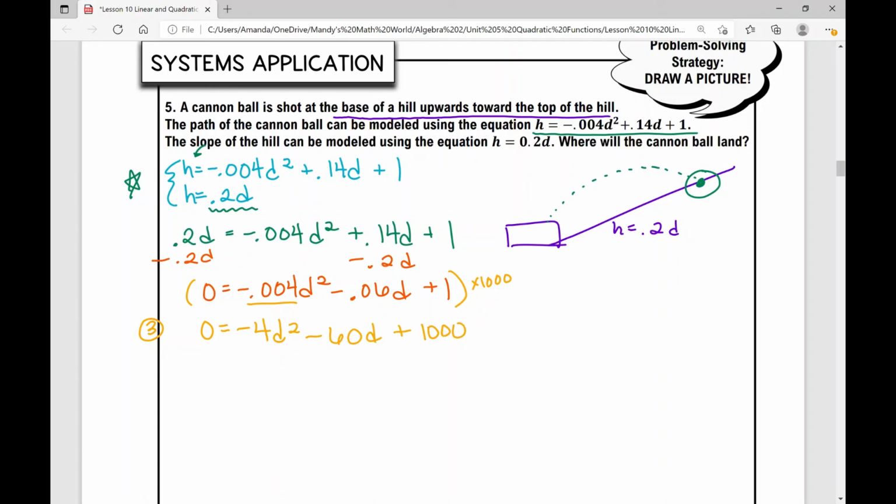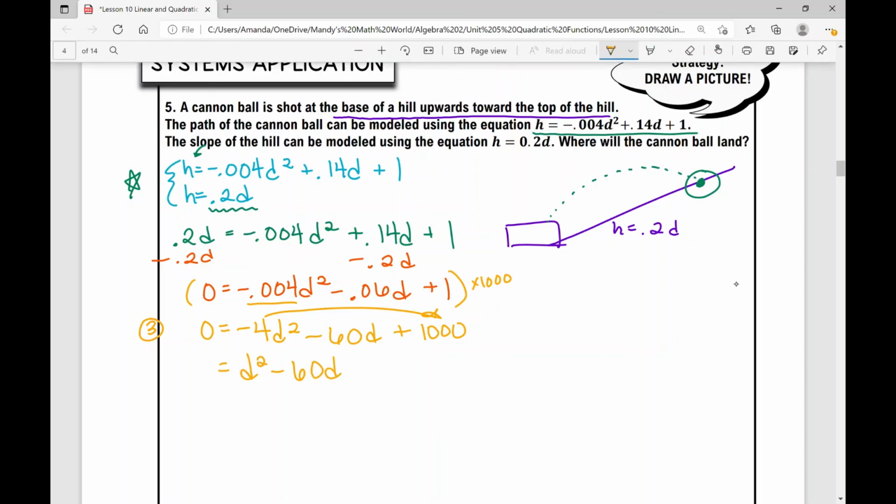And I'm going to factor this. Really, what I could have done is divide out a 2 first, but I didn't do that yet, and I'm going off what I've already done here, so I'm just going to stick with that. I'm going to solve using the slide and divide method, where I multiply this negative 4 into my last term. So I get d squared minus 60d, and negative 4 times 1,000 is negative 4,000.